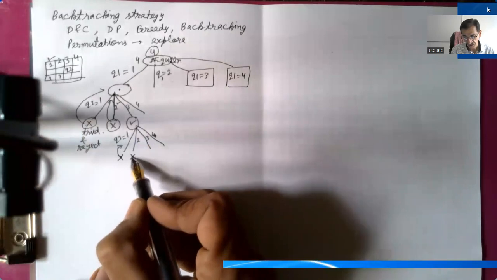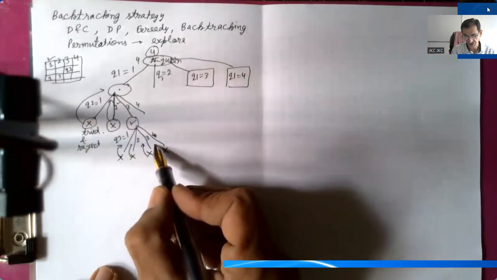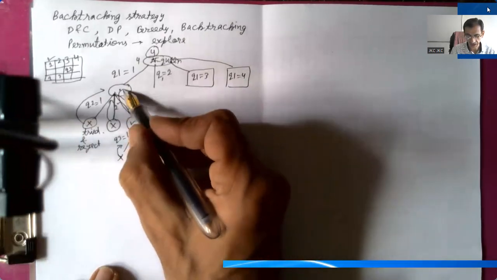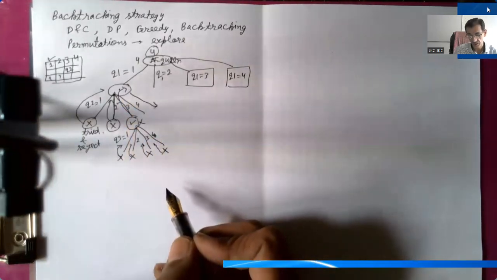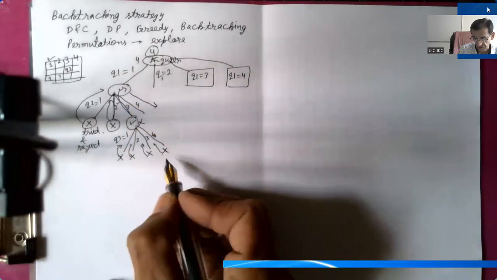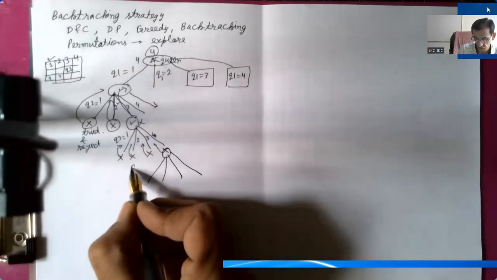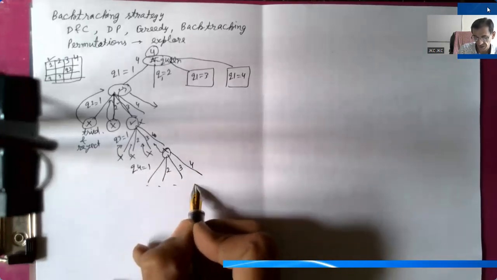Explore this, reject. Explore this, reject. Explore this, reject. This means this branch is rejected, go back and go in the other direction, and like that. If somewhere it got accepted, that will mean 4 choices for Q4 also: Q4 to be 1, 2, 3, 4.